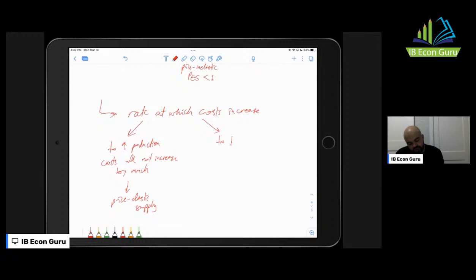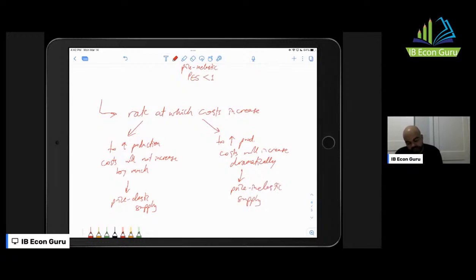But if in order to increase production, costs will increase dramatically, maybe because the producer is at full capacity and they can't afford to build a second factory or a second shop, right? Then in this case, supply will be very price inelastic, right? So think about it.